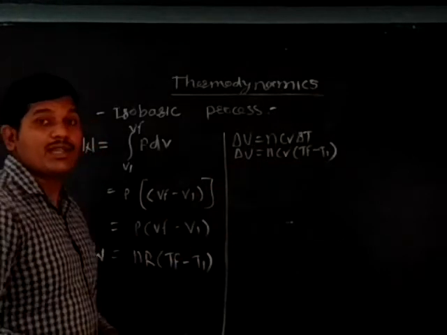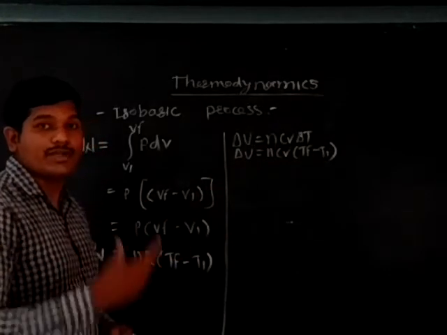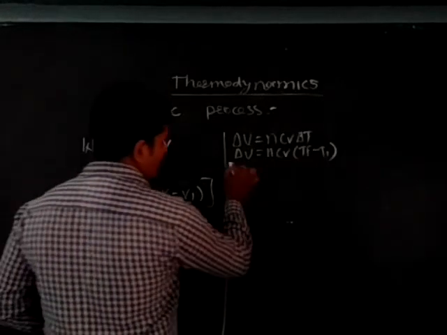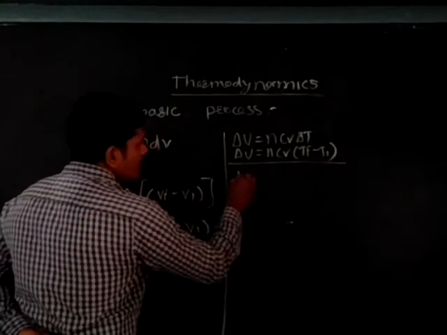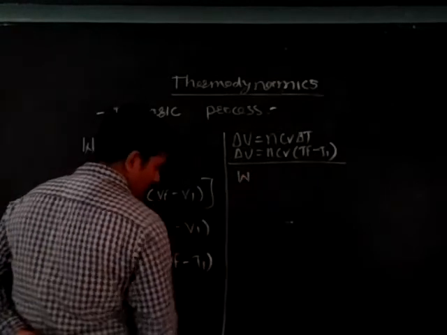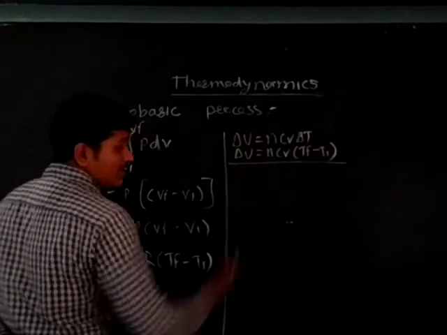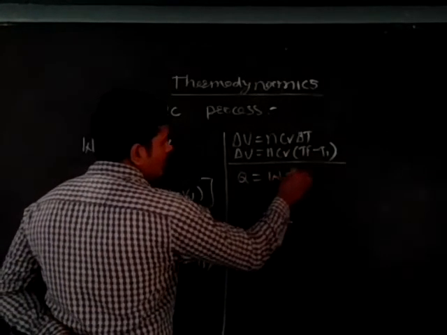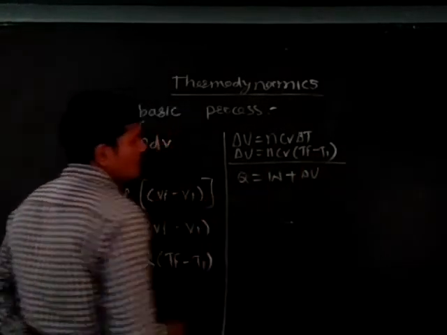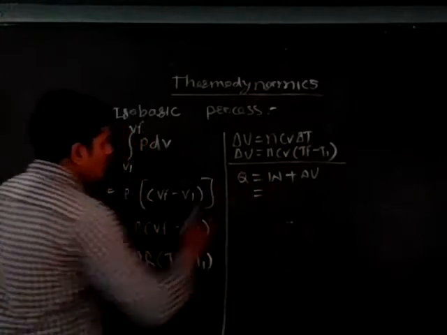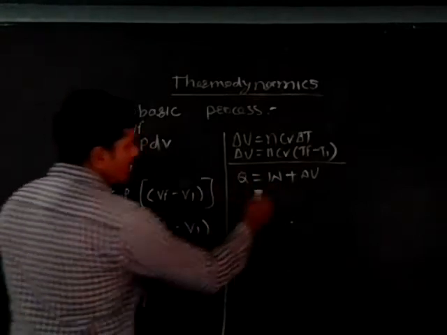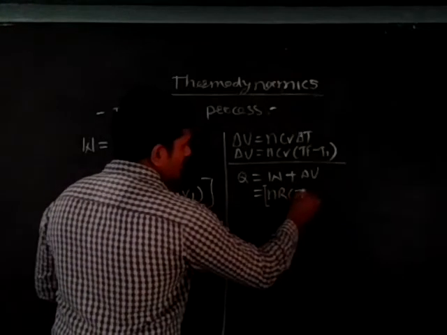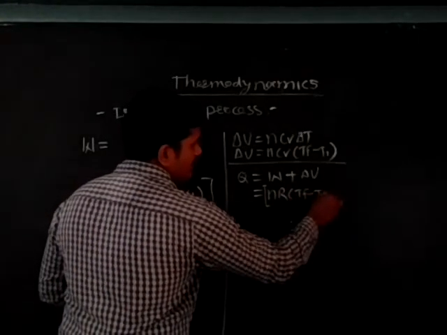Now, when I apply the first law of thermodynamics, I can write it in terms of Q. Q is equal to W plus delta U. Okay, so I will put the value of W. What is the value of W? nR(Tf minus Ti).